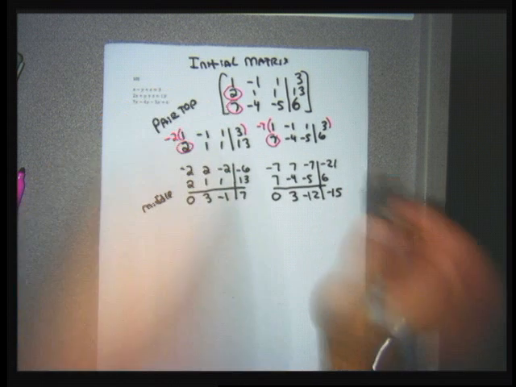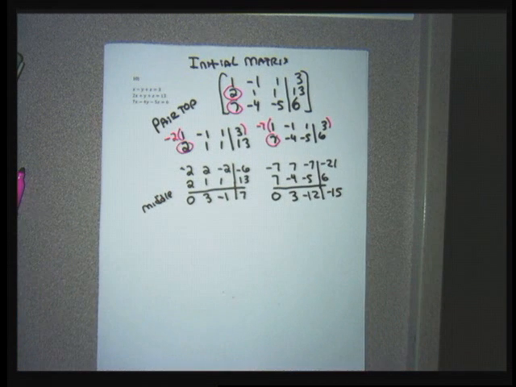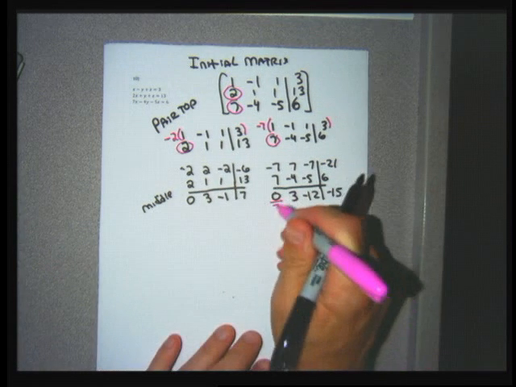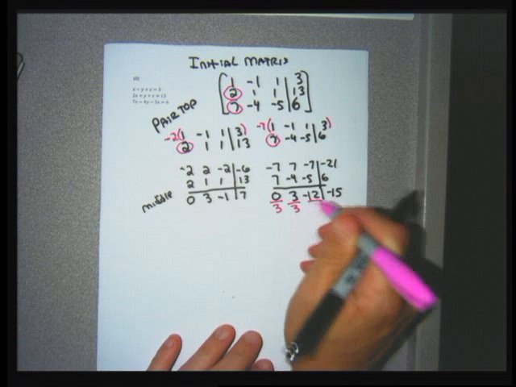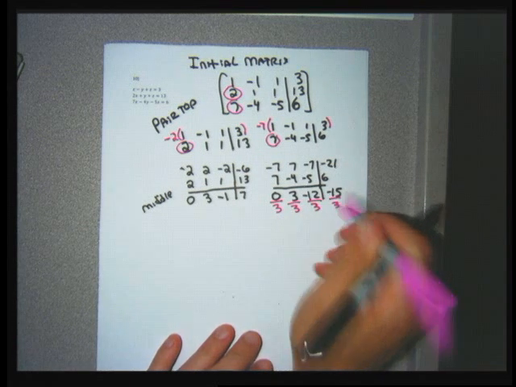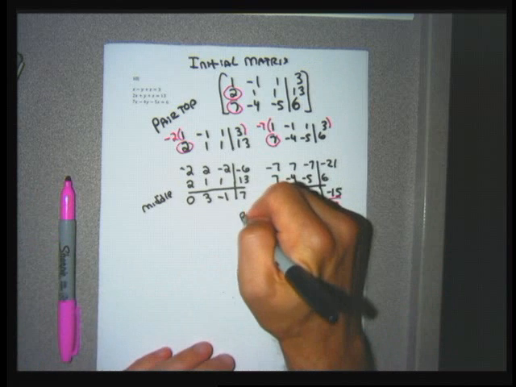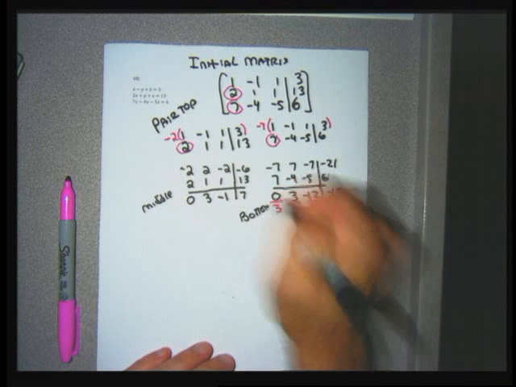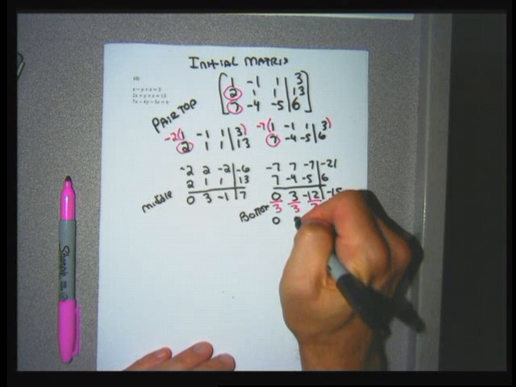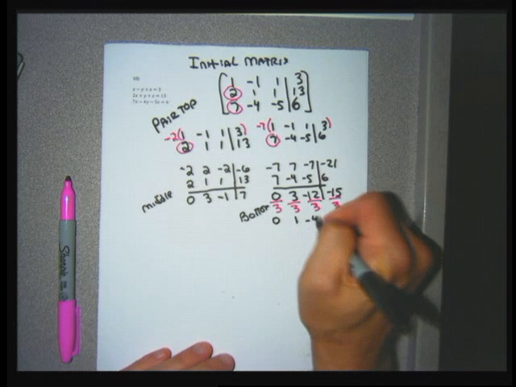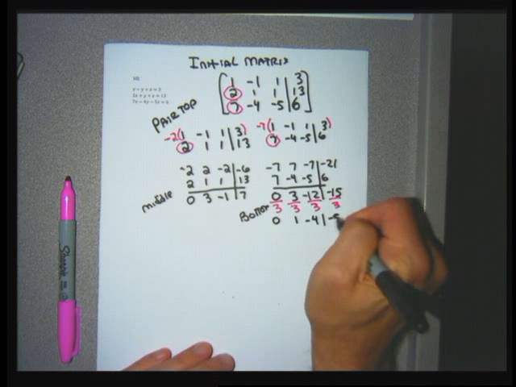If I did that properly, which I think I did, double check. Yes, this I'm going to divide by 3. So I'm going to go divided by 3, divided by 3, divided by 3, divided by 3. This is going to give me my new bottom. It's going to be 0, 1, -4, and -5.